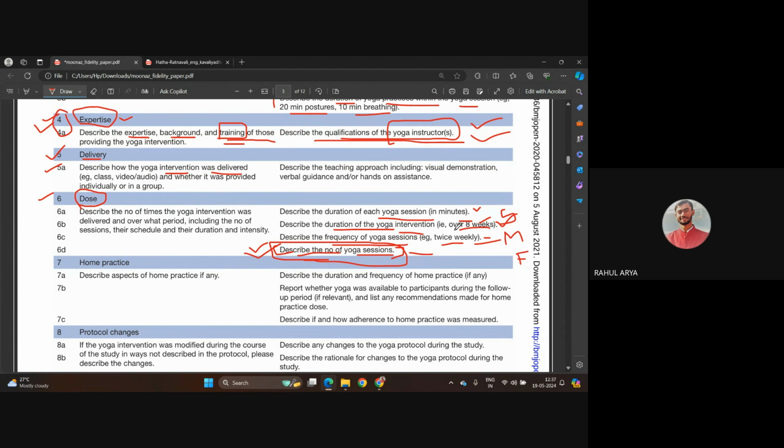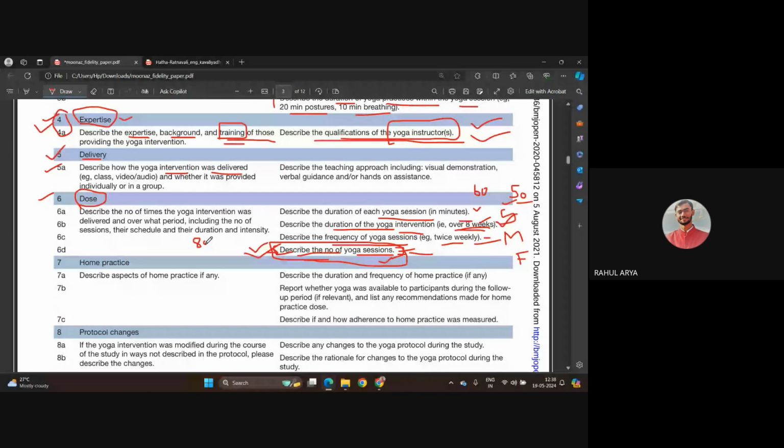Say the period is 8 weeks. Regularly you are giving, so generally it means they have to practice 60 days. But practically they may practice 50 days, 45 days. That will be clear only with the fourth point. And here you will fix, and after that you can also fix the criteria. Most yoga research studies mention 80% attendance.